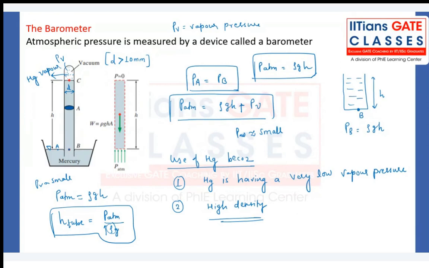That much height of barometer you may require to measure the atmospheric pressure. And again, that is not feasible, right? Because if I increase the height of the tube, then definitely the chances of getting damaged will be very high. So make a note of it. That's why you always see mercury fluid in a barometer.